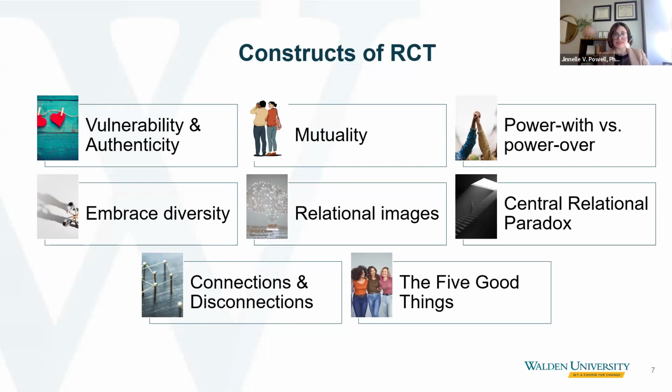But that's one of the basic tenets. And that leads into the ability to engage in a mutual relationship, one where there's a sense of mutual empowerment, there's mutual growth. Both people in the relationship are experiencing some sort of growth throughout the relationship. So that's what mutuality means.